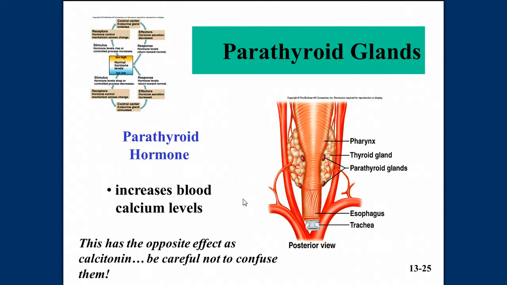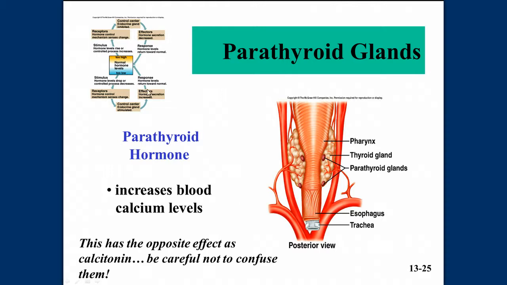Calcium is very important, and if blood calcium levels drop, then PTH, parathyroid hormone, is released, and that parathyroid hormone will cause those osteoclasts to break down the bone. So it activates the osteoclast and inhibits the osteoblast, breaks down the bone to release calcium into the bloodstream.